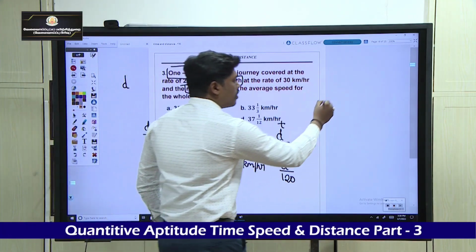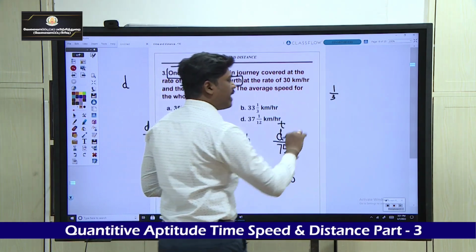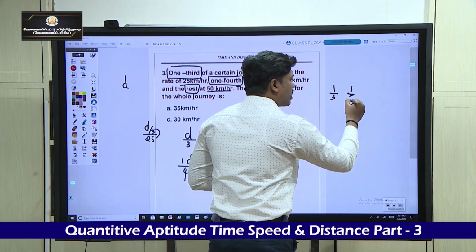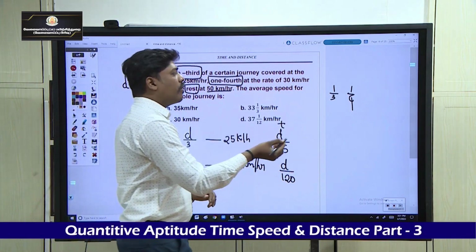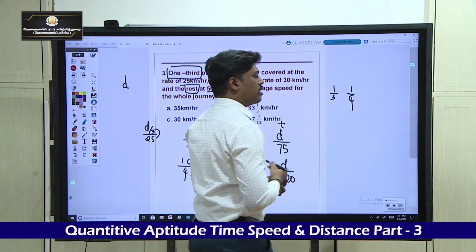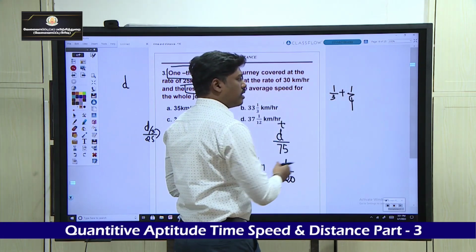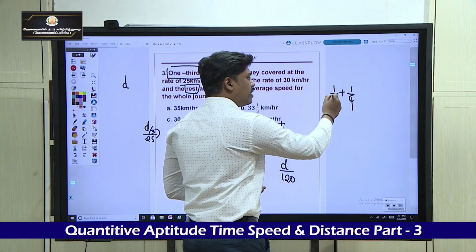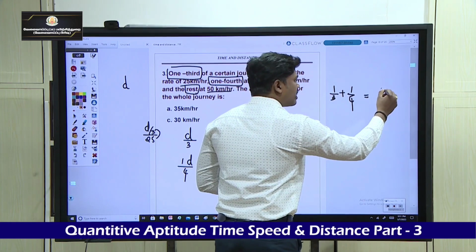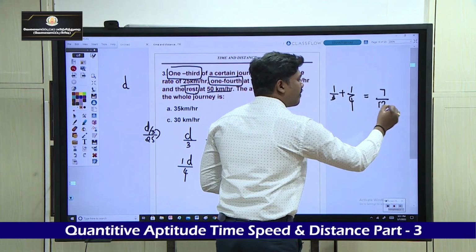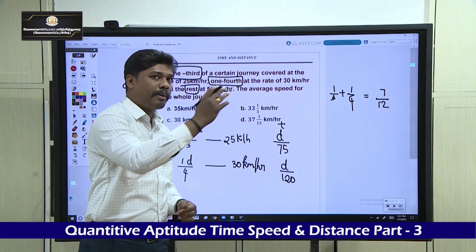Okay. And the remaining at a speed of 50 kilometer per hour. So the first 1/3 covering at a speed of 25 and the next 1/4 covering at a speed of 30, and the remaining, what is the remaining distance? So add these two distances. 4 into 1, 4 plus 3 into 1, 3 divided by 4 into 3, you will be getting 7 by 12, which means in 12 parts they have completed 7 parts.